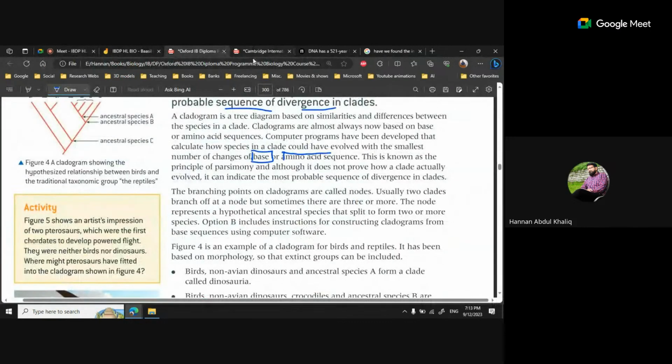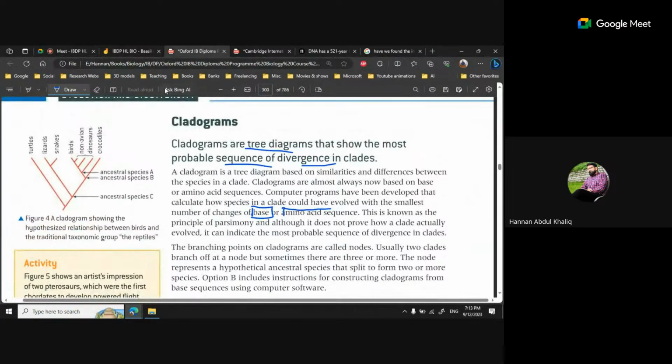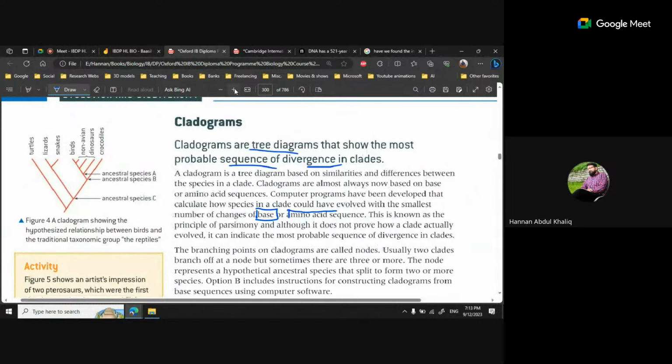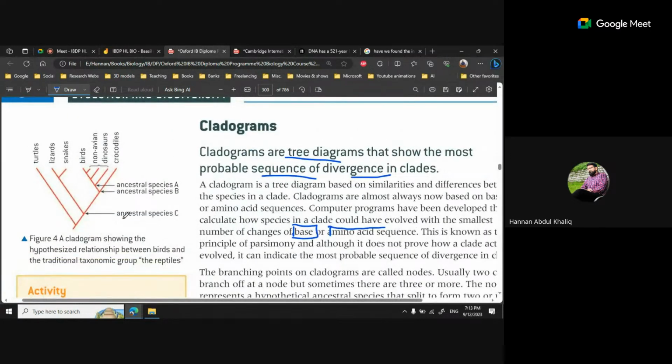The important part of this is this picture, a very beautiful one. Just look at this. This is the ancestral species C, and some group got separated from this branch, and the rest are on this way.